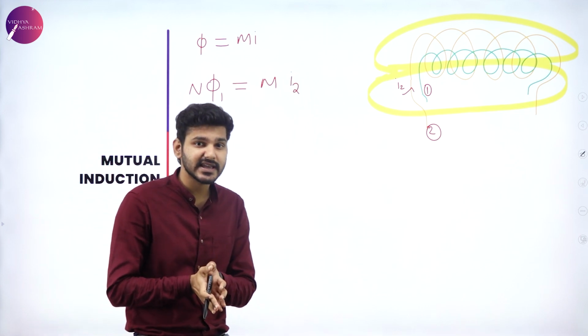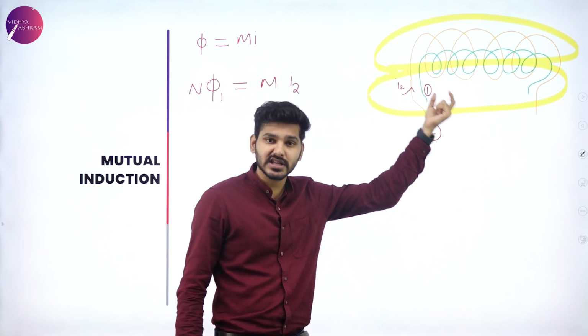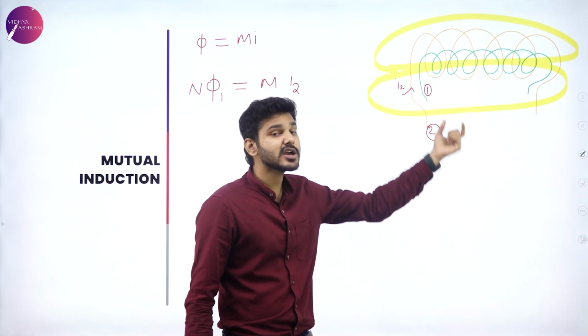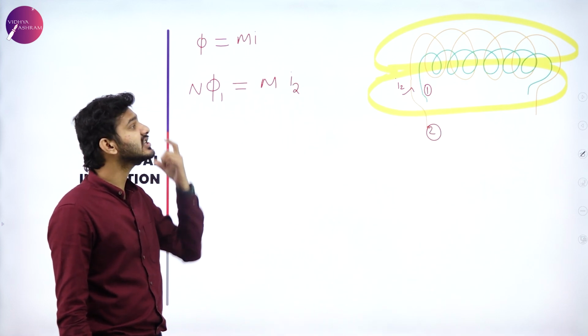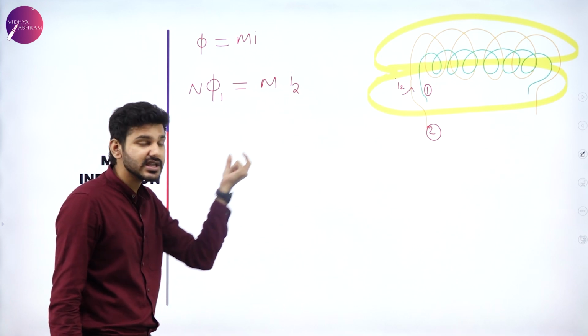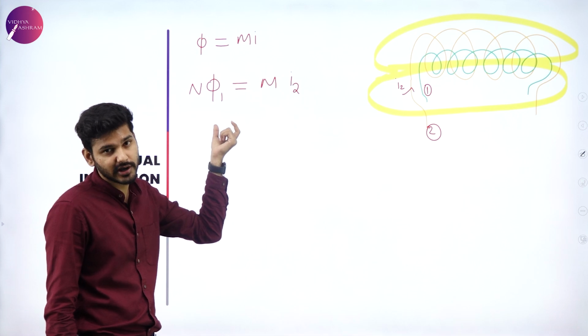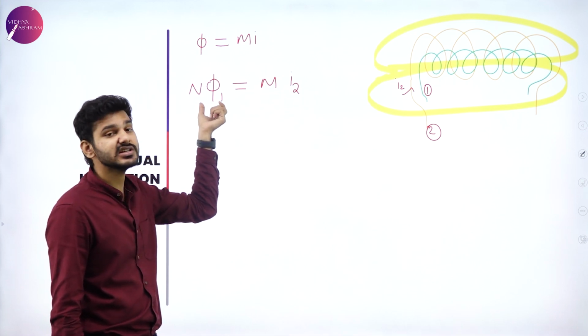Or we can clearly say that because of the current flowing through the secondary coil, the primary coil is experiencing a change in magnetic flux. So I2 is producing a change in phi 1.